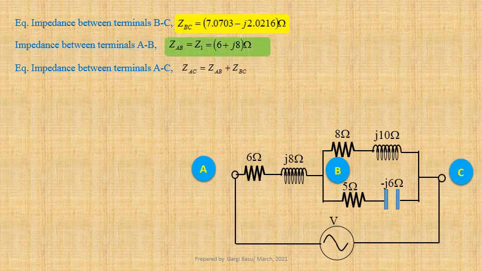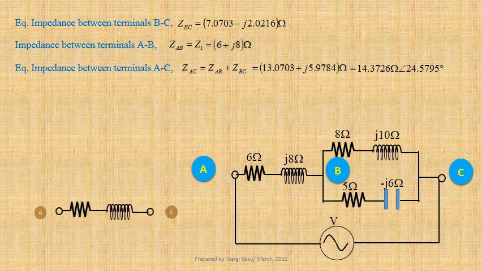Using values we get 13.0703 plus J5.9784 ohm. This may be written in polar form as 14.3726 ohm at an angle 24.5795 degree.